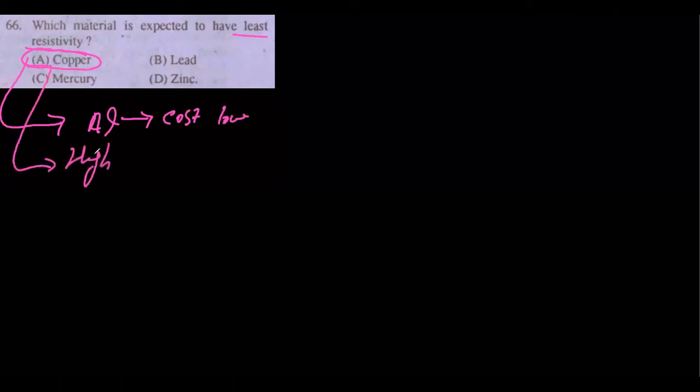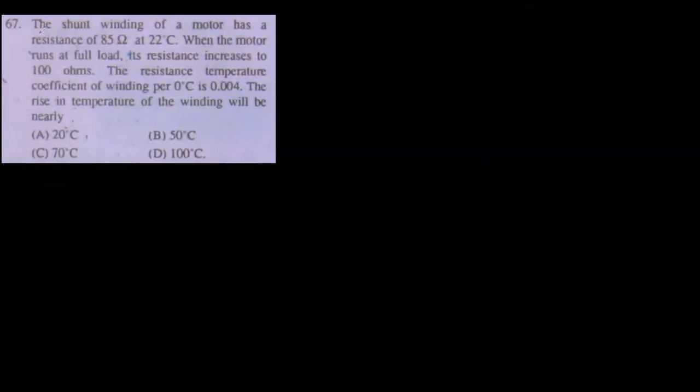Okay, next MCQ is, the shunt winding of a motor has a resistance of 85 ohm at 22 degree. When the motor runs at full load, its resistance increases to 100 ohm. The resistance temperature coefficient of winding per degree is 0.004. The rise in temperature of the winding will be nearly.